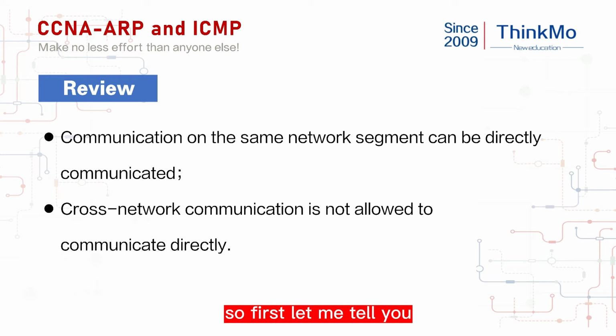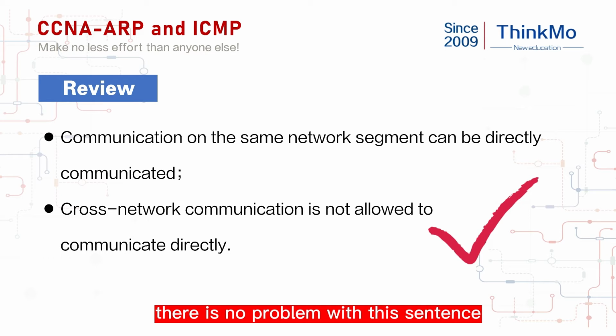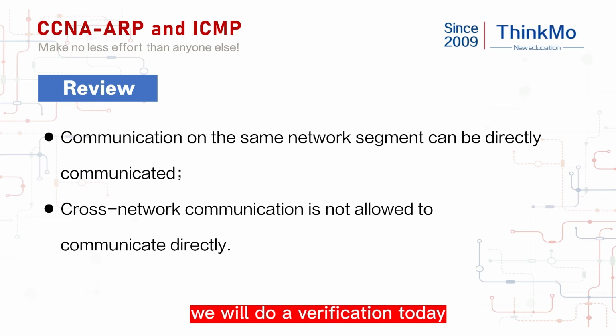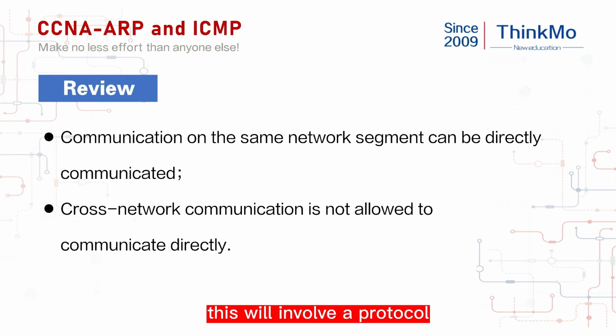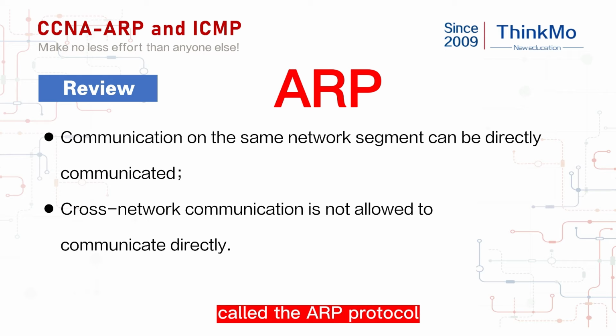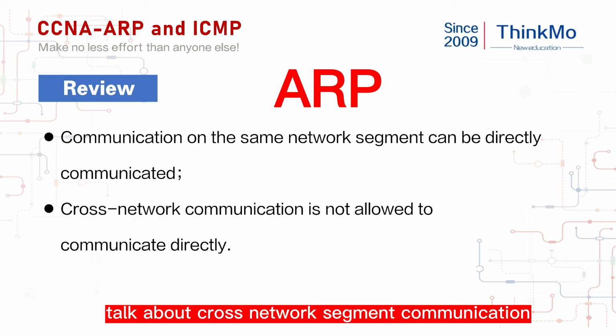First let me tell you there is no problem with this sentence. We will do a verification today. Can they pass? How to get through? This will involve a protocol we are going to talk about today, called the ARP protocol.